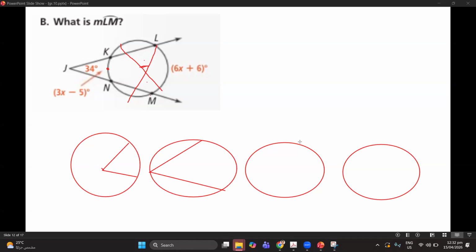If the angle comes from intersecting two secants, it will be half the difference of the first arc minus the second arc. If the angle is outside, it forms like this, for example, and I subtract the first arc minus the second one. Is it clear?